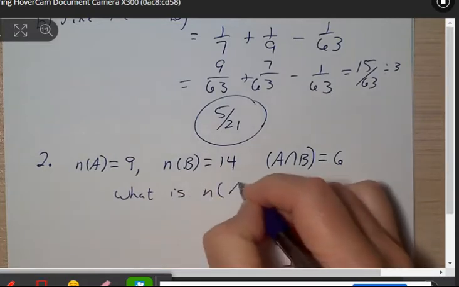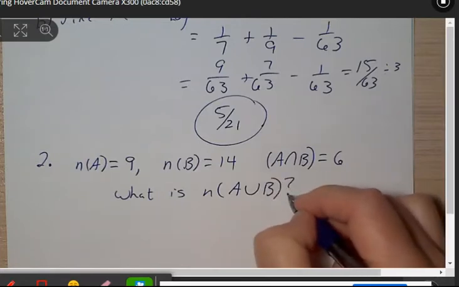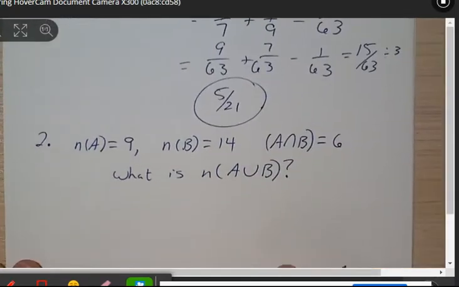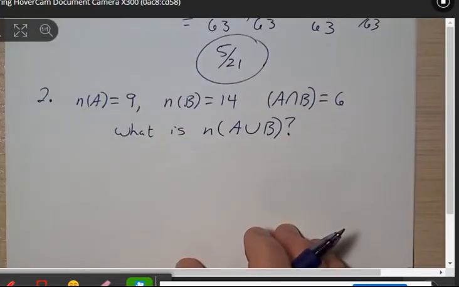And what's the number of A union B? Again, it tells you to do a Venn diagram, and you can if you want to.